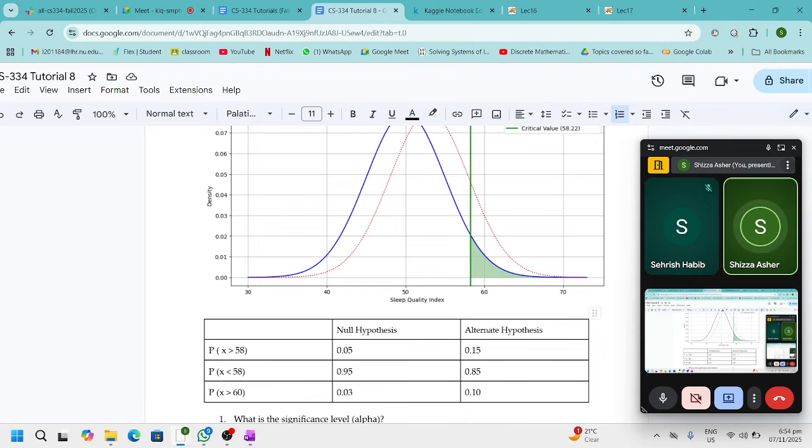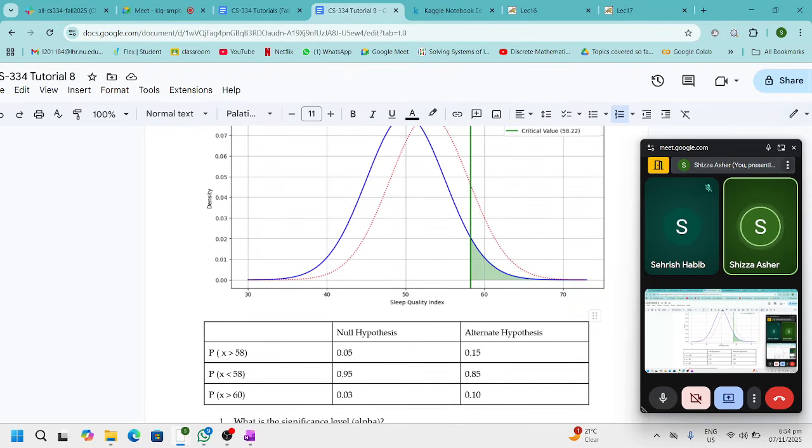You will use the graph that is given to you and you will use the table that is given to you. Okay, so now I will comment on this.